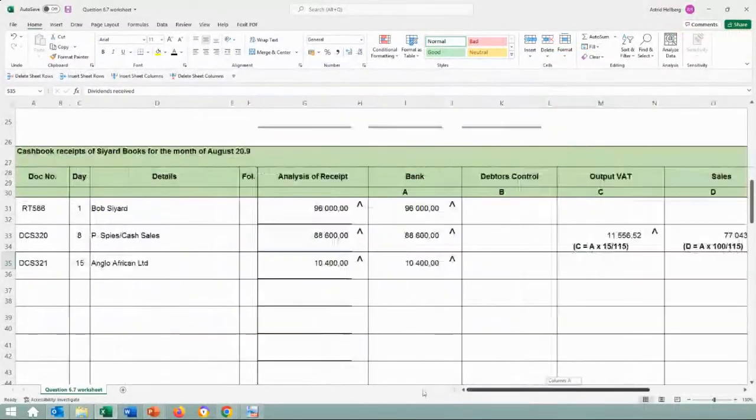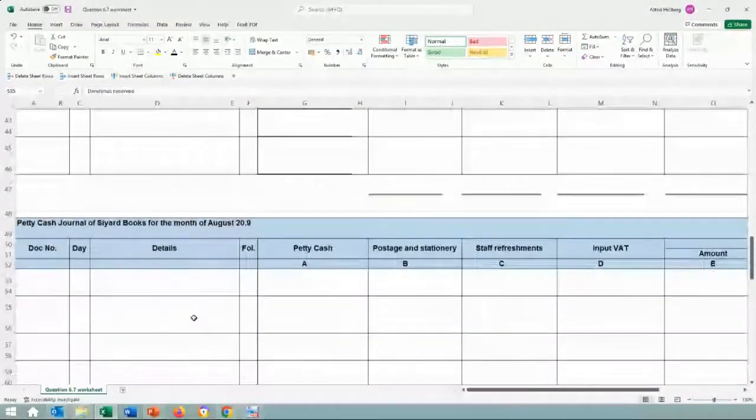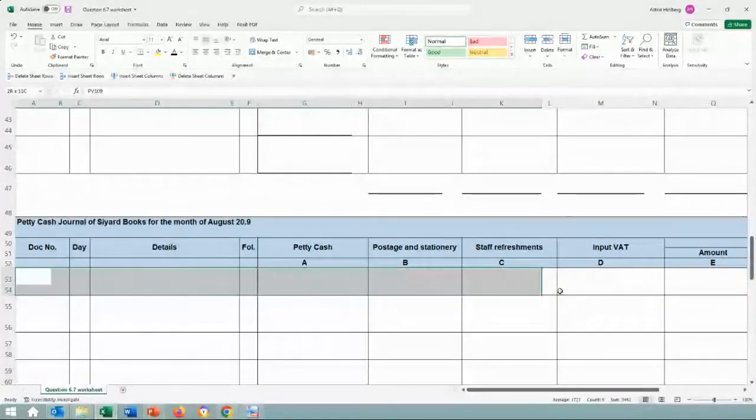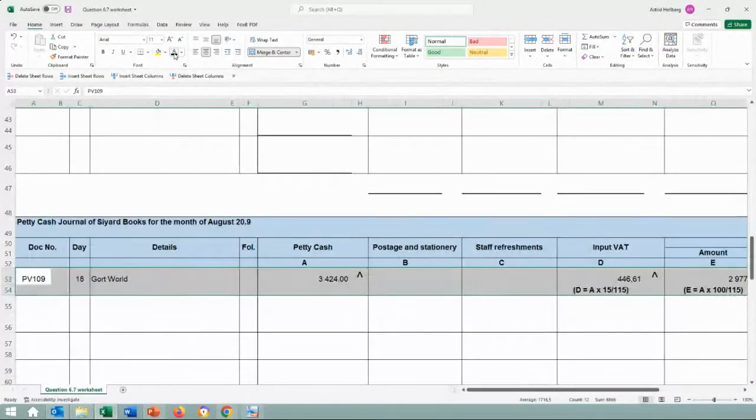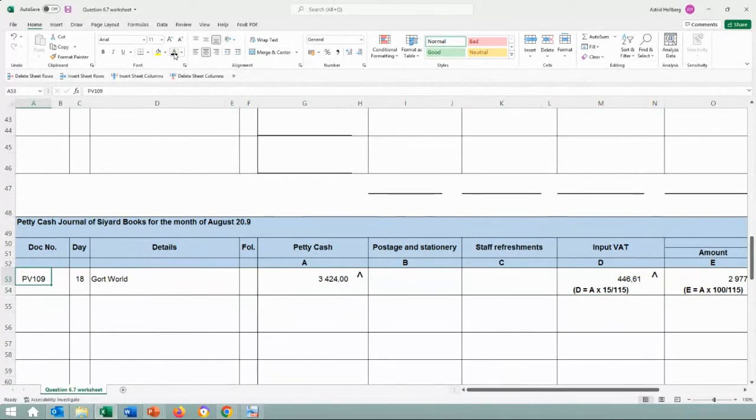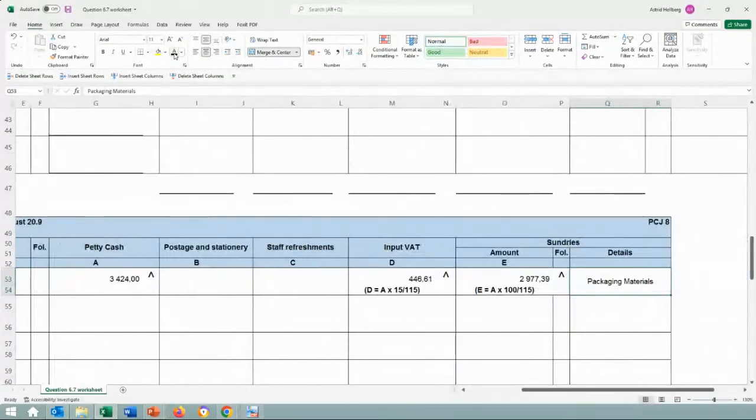So in the petty cash journal, just scroll down, we will capture the information as follows. You will have PV109, you will have Gottwald, which is the person. Petty cash is 3,424 Rand. Because we purchase boxes, we would claim the input VAT on it, and then the difference would go to packaging materials.